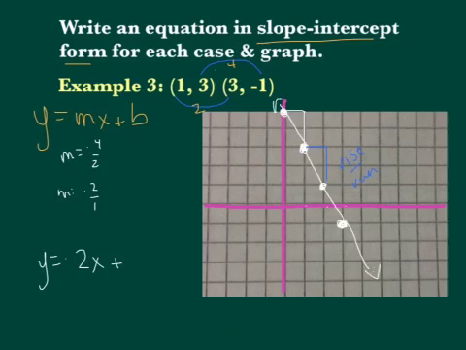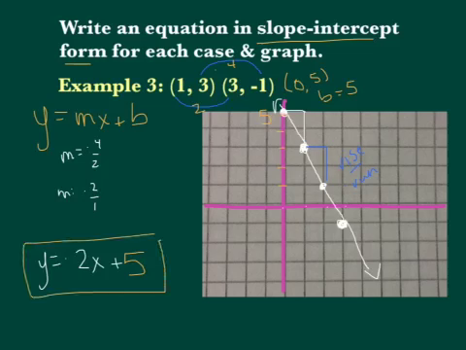And then all we have to do now is count and find out how high on the y-axis this crosses. 1, 2, 3, 4. So this crosses the y-axis at 5. So that would be the ordered pair 0, 5. So that means our b value is 5.